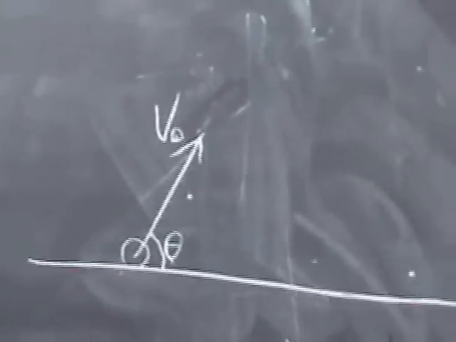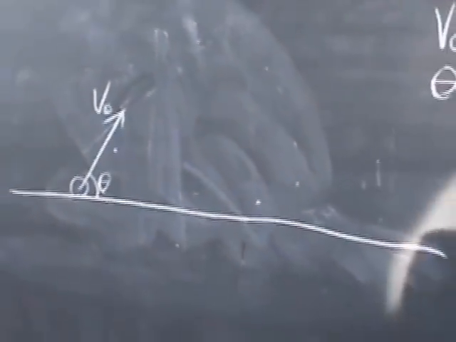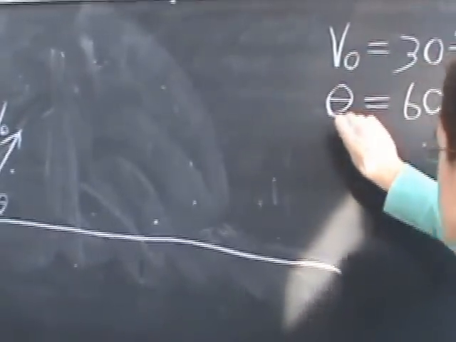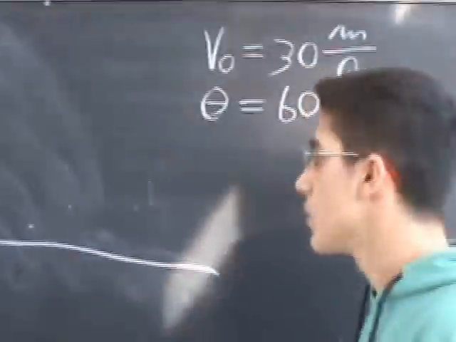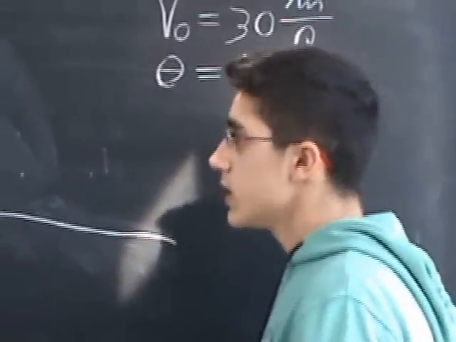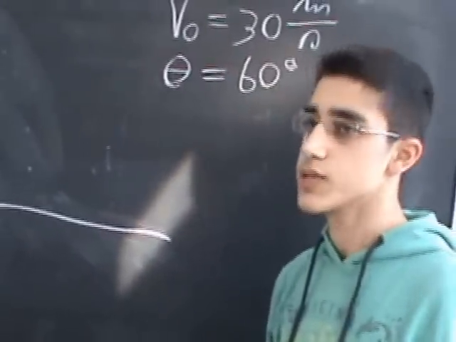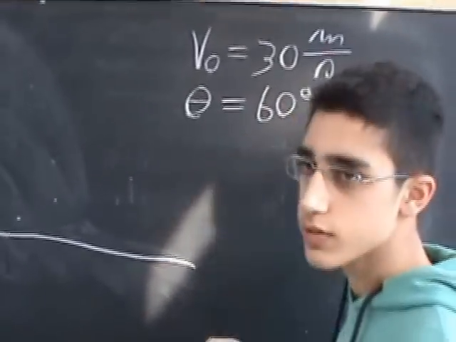The motion is affected by three factors: the initial velocity, the angle theta at which the object is thrown, and the pull of gravity. In a real situation, we also have air resistance, but in order to solve a classic situation, we do not consider it at all.